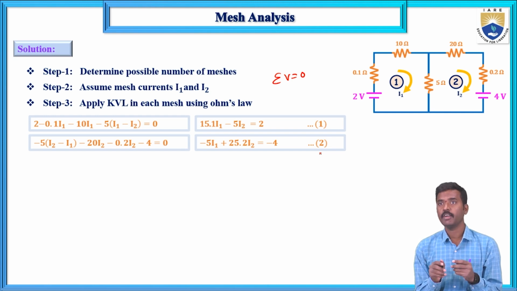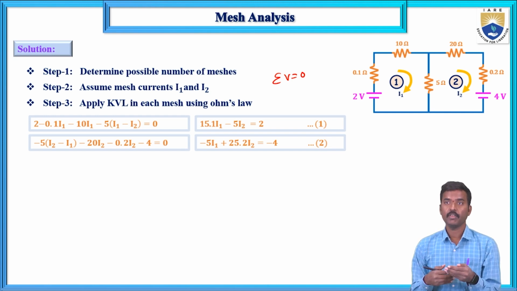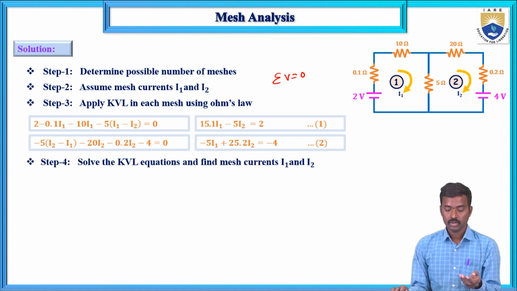These are two equations. Solve these two equations using Cramer's method or the inverse matrix method. Step 4: you will get I1 and I2.